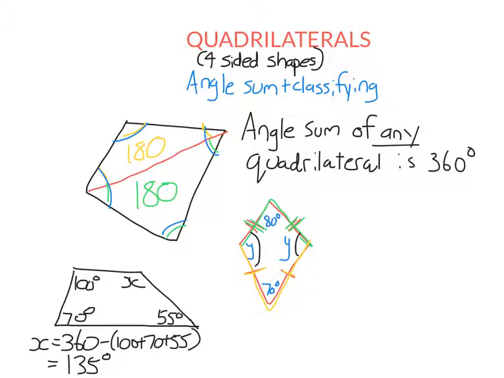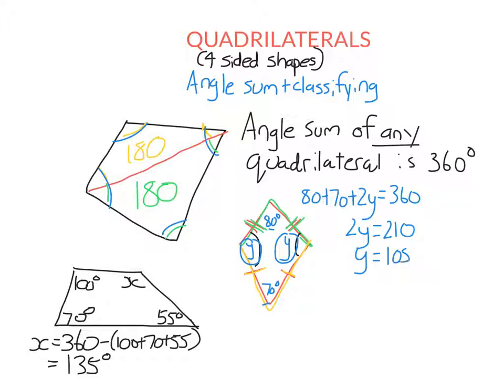So I have 80 plus 70 plus 2y, y plus y is 2y, is equal to 360. So 80 plus 70 is 150. So the two y's must add up to 360 minus 150. So this angle and this angle add to 210, and they're the same. So we just halve 210. y would be 105 degrees.